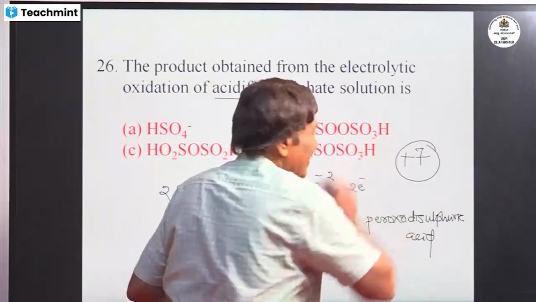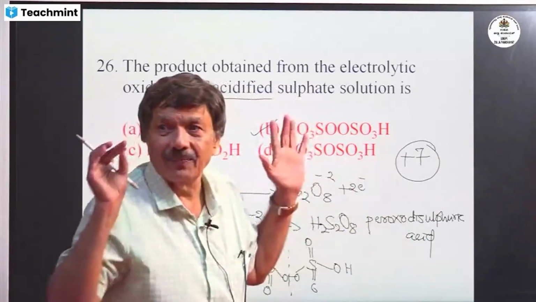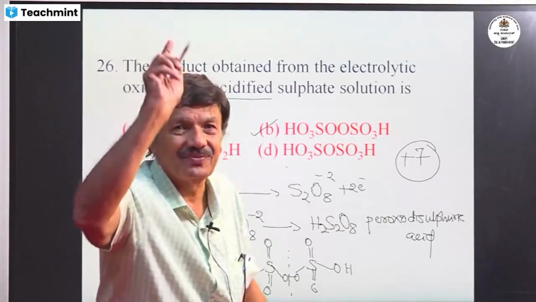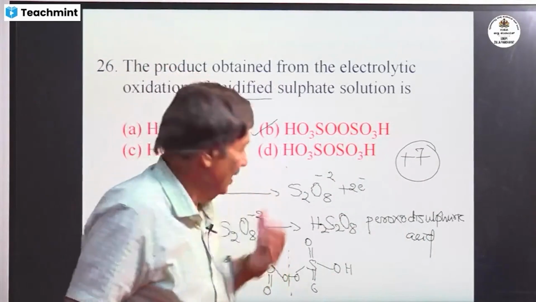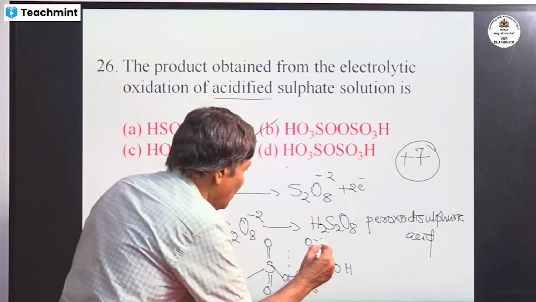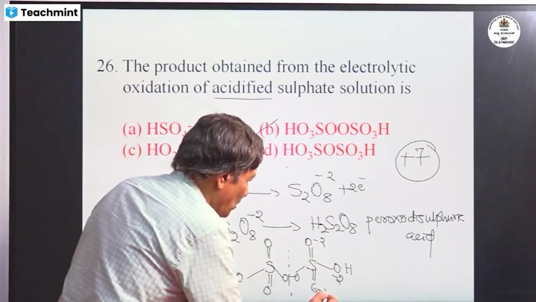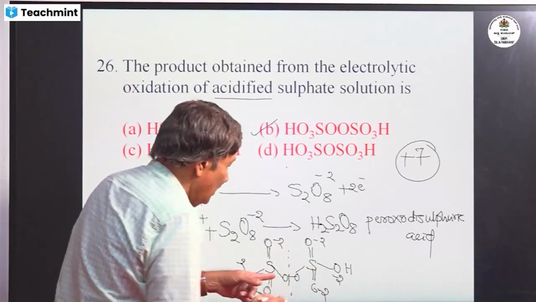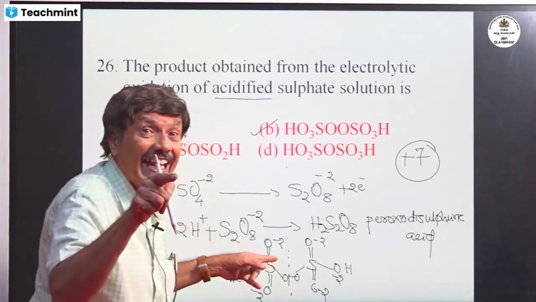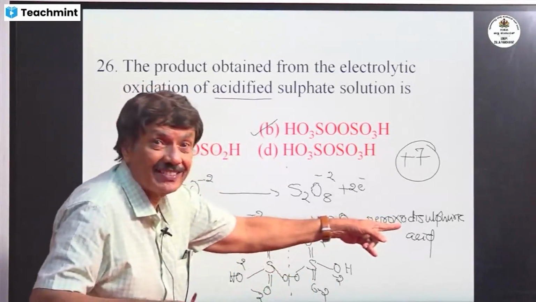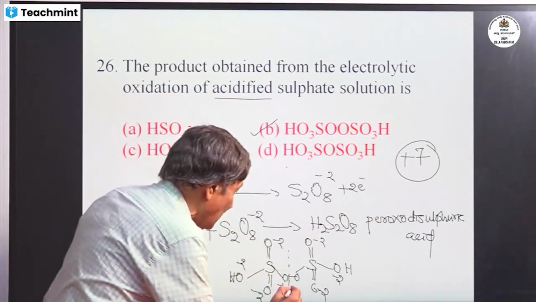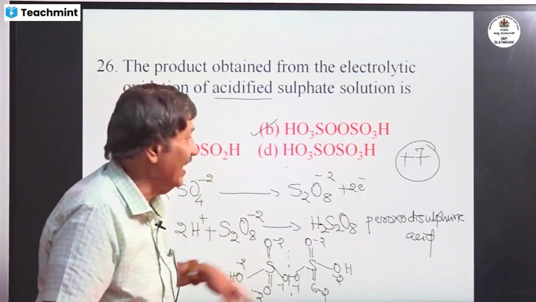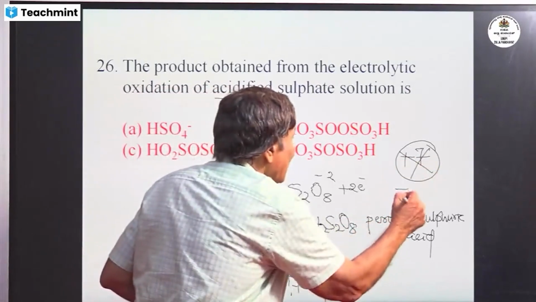But it is not +7. Sulfur cannot show an oxidation state more than 6. Where have we gone wrong? These oxygens are -2. These two oxygens, the peroxide linkage in peroxodisulfuric acid, are each -1, not -2. Taking this as -1, if you calculate, it will be +6 only.